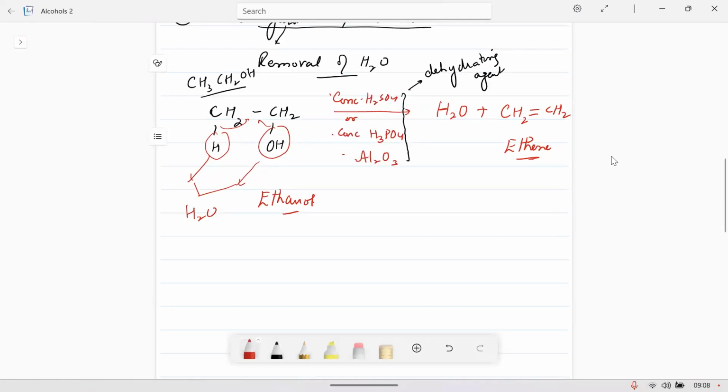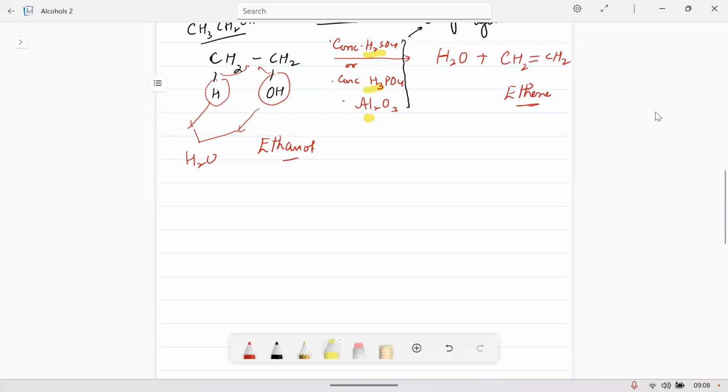Important thing is any of these dehydrating agents can be used over here. And now a very common question that is asked in the exam is, what is the difference between a dehydrating agent and a drying agent.